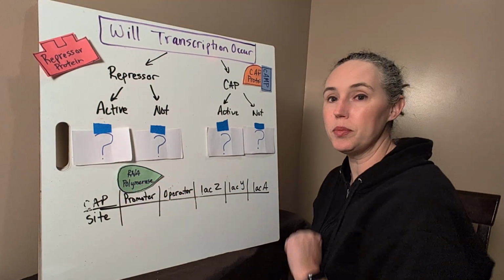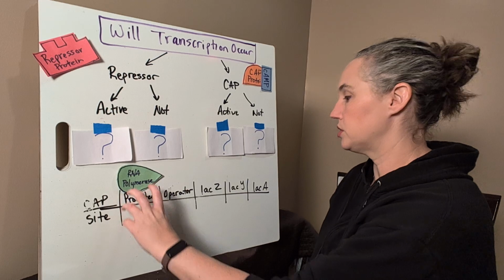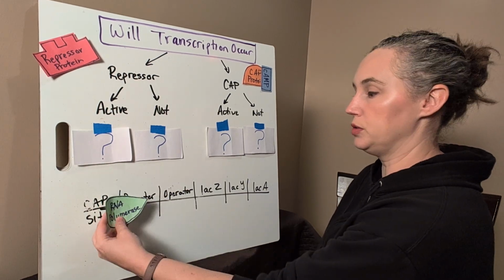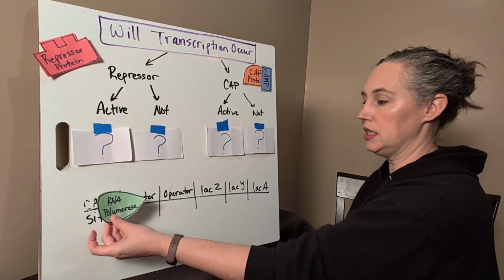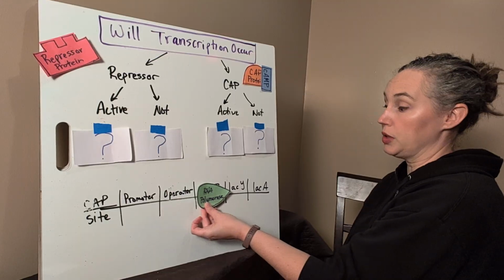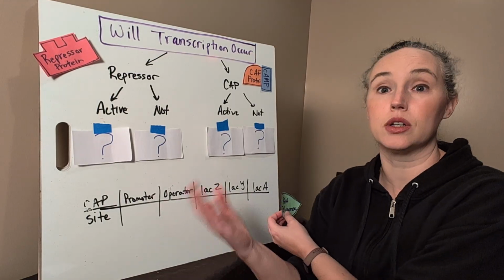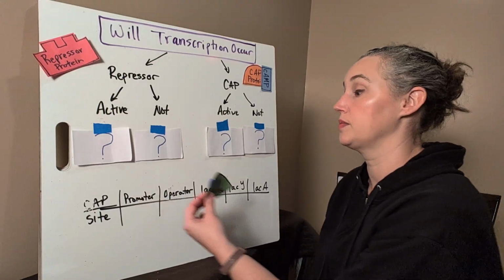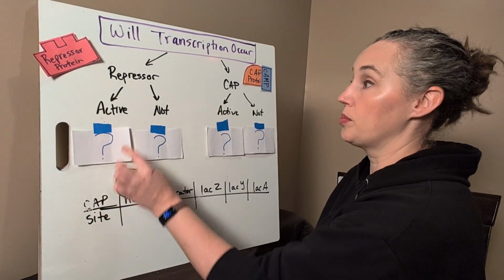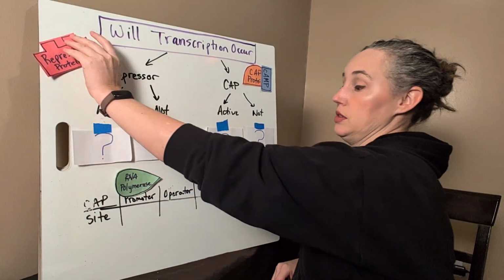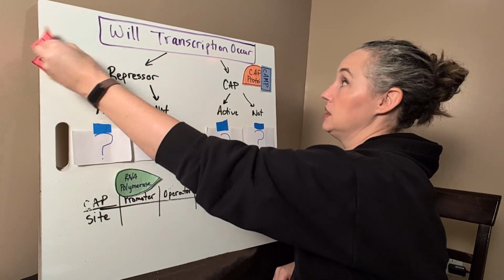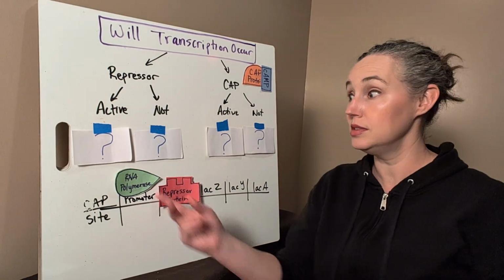So remember, RNA polymerase attaches to the promoter and will move down this strand of DNA and transcribe LacZ, LacY, and LacA, which are all needed to process lactose into glucose. If the repressor is active, then will transcription occur?